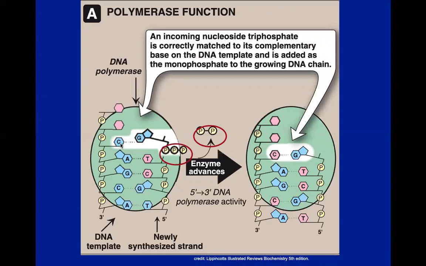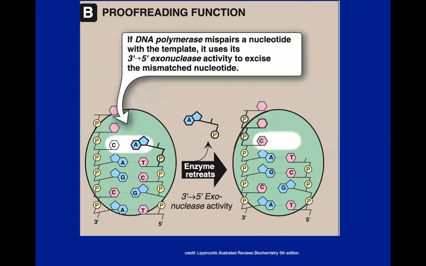This is the complementary base pairing occurring, hydrogen bonding, pyrophosphate is released, and so this is the newly synthesized strand. Now proofreading capacity you can see here in this base pair: instead of guanine, the incoming nucleotide that is bonded is adenine. For cytosine, the complementary base pair is guanine.